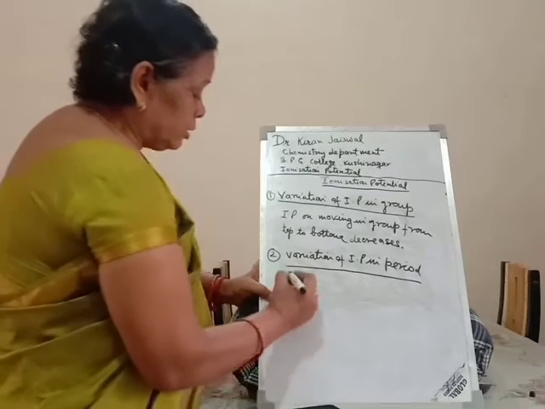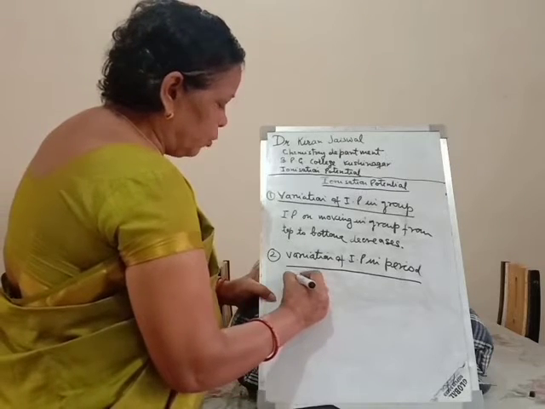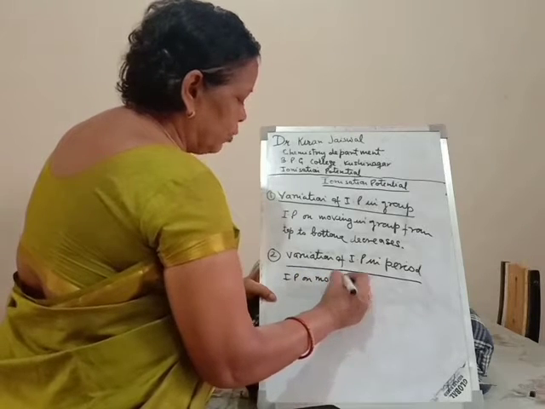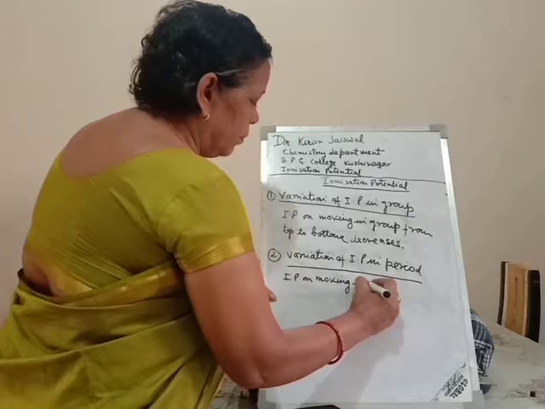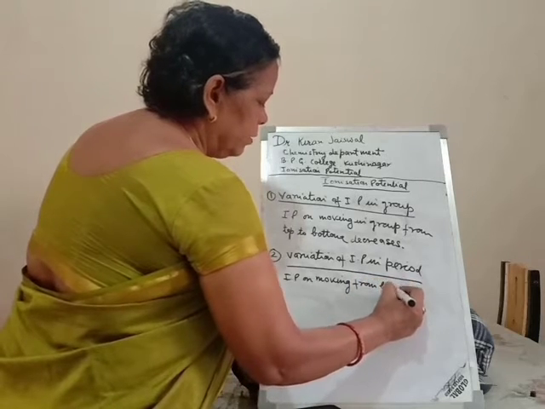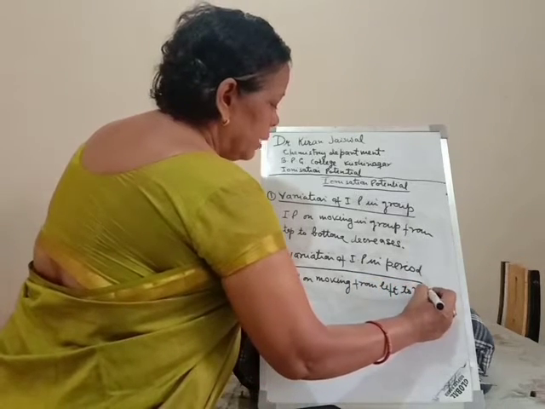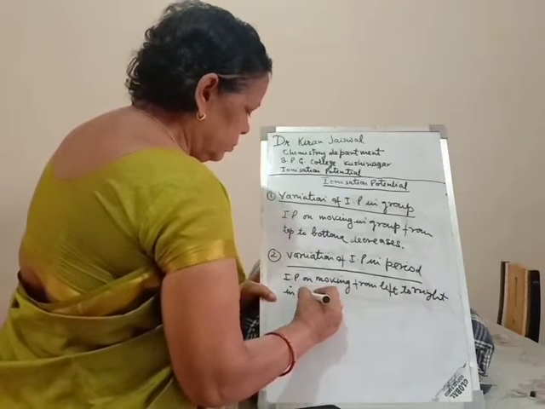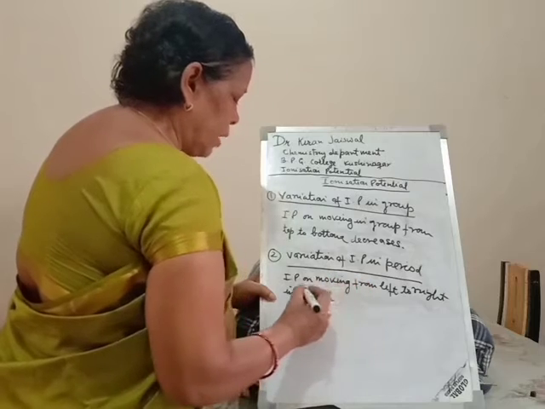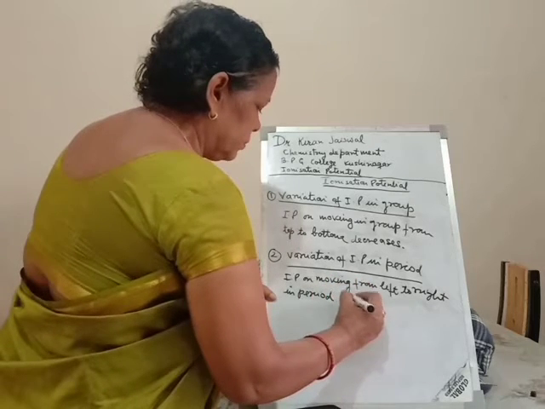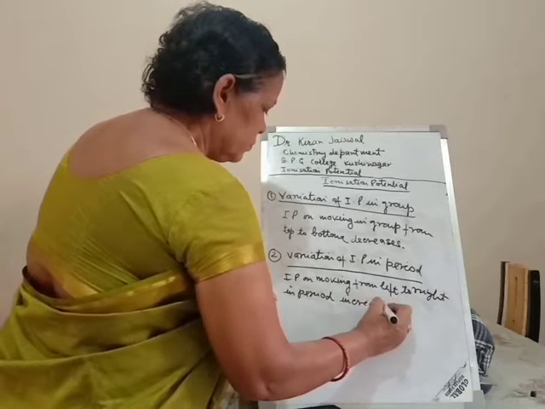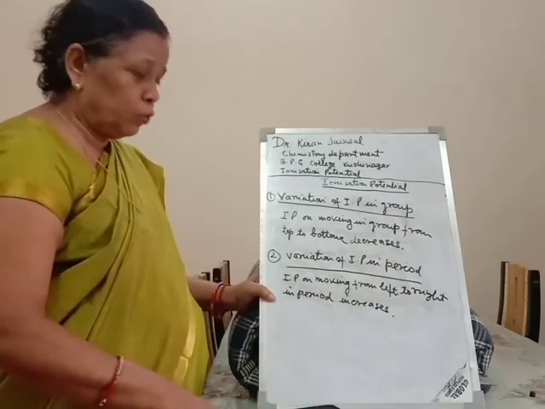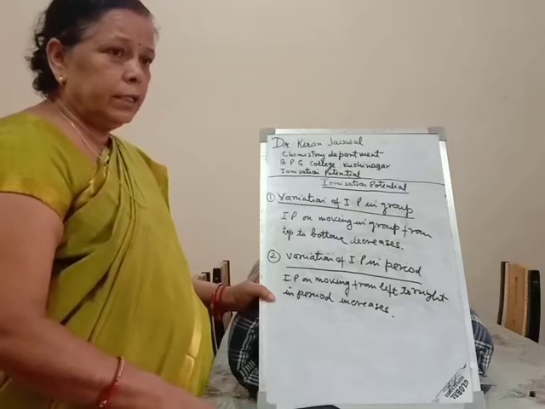The ionization potential on moving from left to right in period increases.